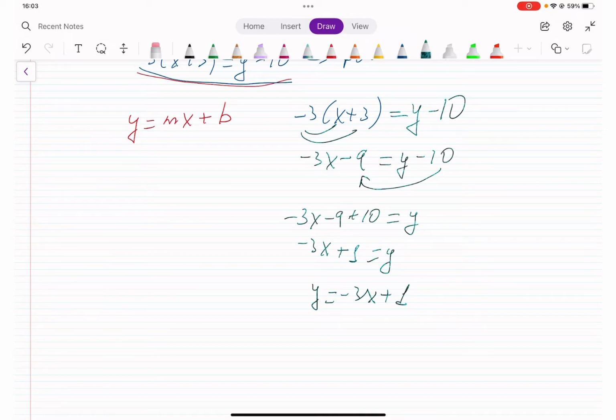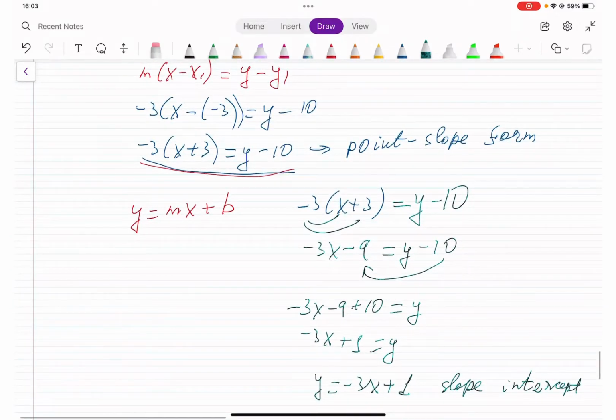And this is our slope-intercept form, and this one was point slope.